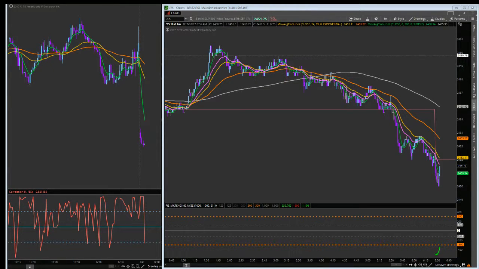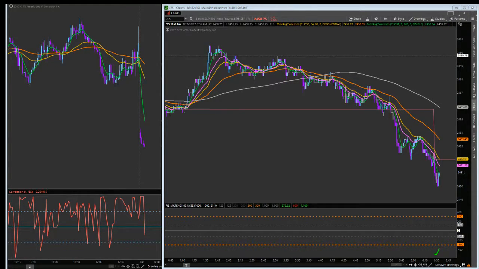Pullback taking place here. NASDAQ effectiveness charts still down, starting to show some upward movement though on the NYSE. Market effectiveness charts are still staying bearish. I sold into that, so I'm getting filled here.